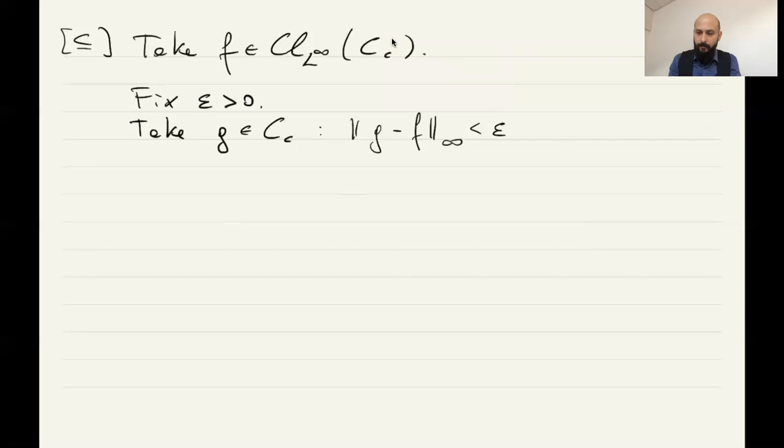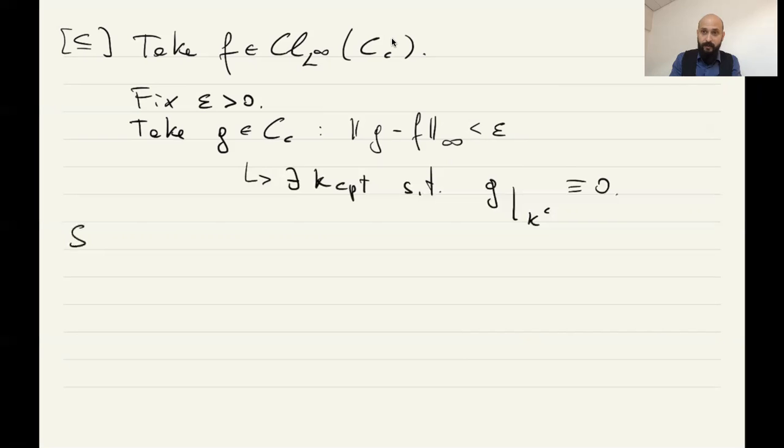Since g is compactly supported, there exists a compact K such that g outside this compact set is constantly equal to 0. Okay, now we have to prove that f is a continuous function that is going to 0 at infinity. So first of all, let's prove this second part first.